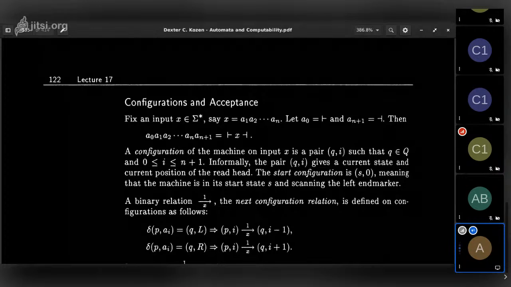Okay, try to click on my name. Is it visible? Yes sir, it is just your name. The screen is not there?